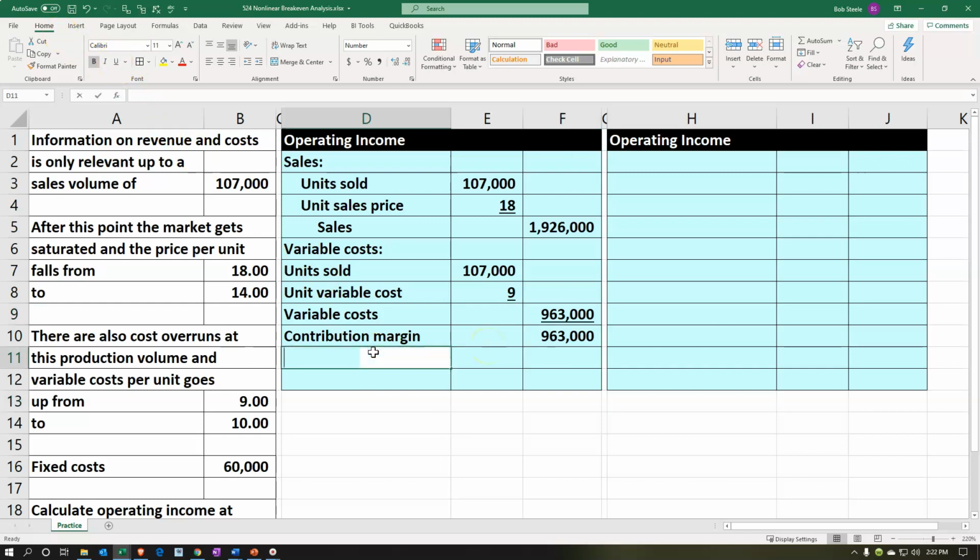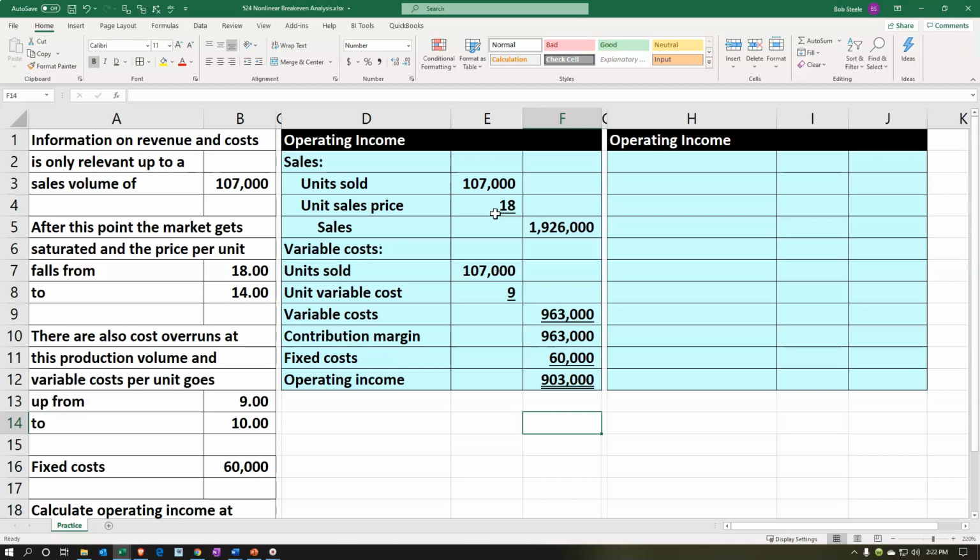Let's then subtract out the fixed costs, which are going to be then this 60,000, and that's going to give us our operating income, which is going to be the contribution margin minus the fixed costs. Let's put an underline under the 60,000, home tab, font group, underline, double underline under the 903, home tab, font group, and double underline.